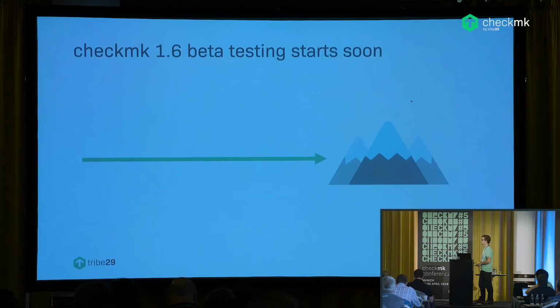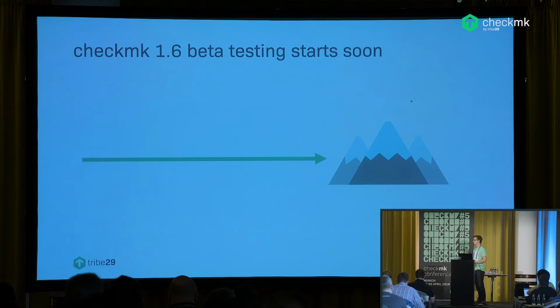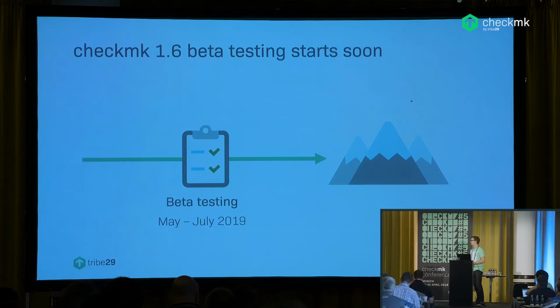Another thing that was asked for a lot: how do we get the stable 1.6 version? When is that going to happen? The beta testing phase is supposed to start in May, so very, very soon. Some of you who know the release cycle might be surprised because you're thinking about the innovation release.